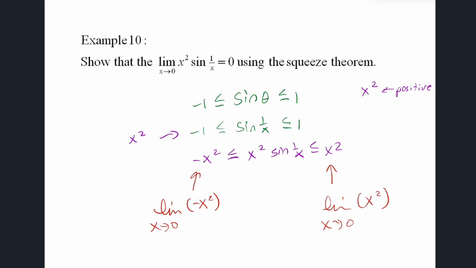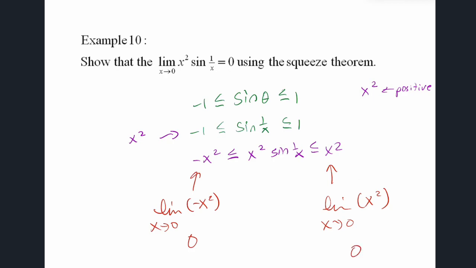Now we learned through the limit laws that for a polynomial, we can use direct substitution for any value. So if you plug in 0 into -x squared, what do you get? 0. If you plug in 0 into +x squared, what do you get? 0.